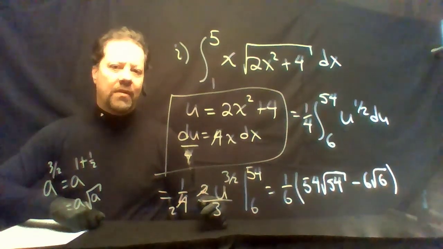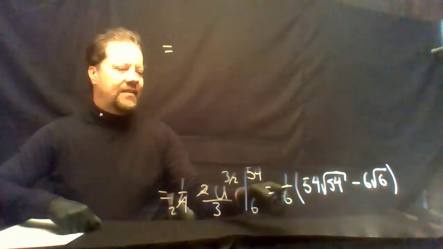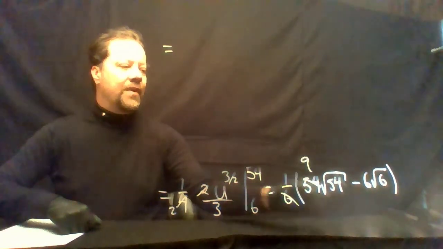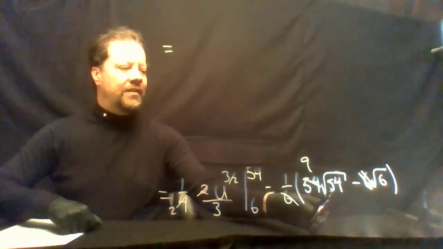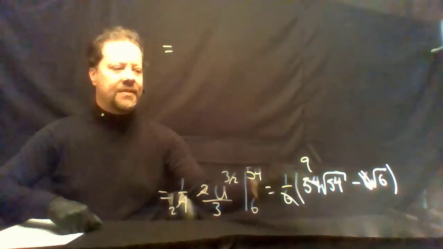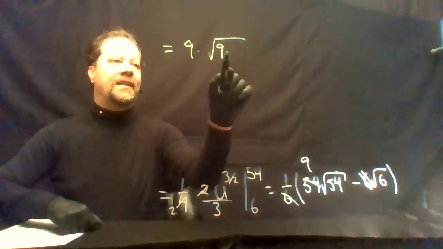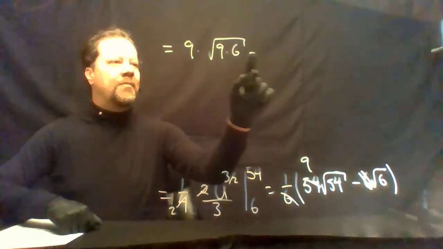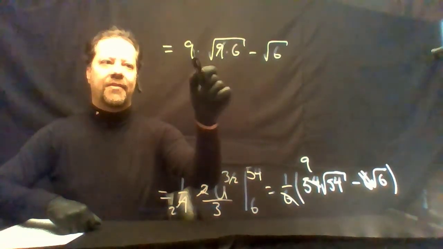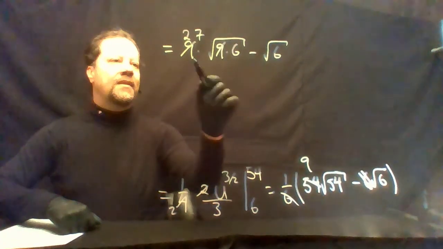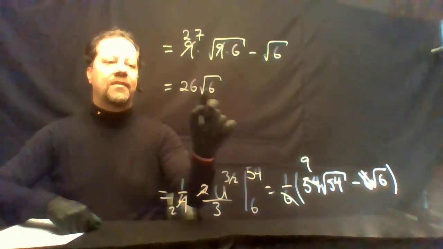There is a little bit more simplification that can be done. 6 goes into 54 9 times, and we can cancel the 6 on the second term. 54 is 9 times 6, so we're going to get 9 times the square root of 9 times 6 minus the square root of 6. The 9 could come out as a 3, that'll give us 27. 27 root 6 minus 1 root 6 is 26 root 6.